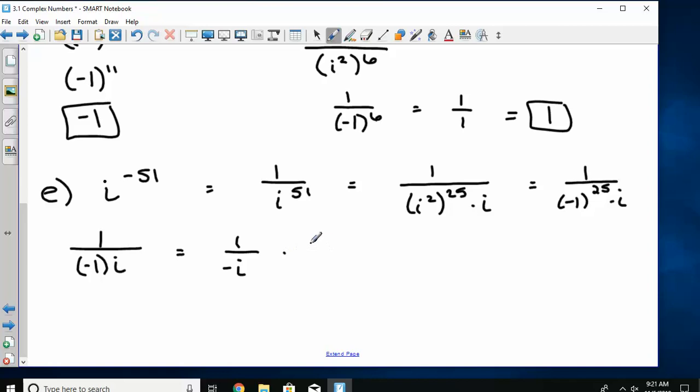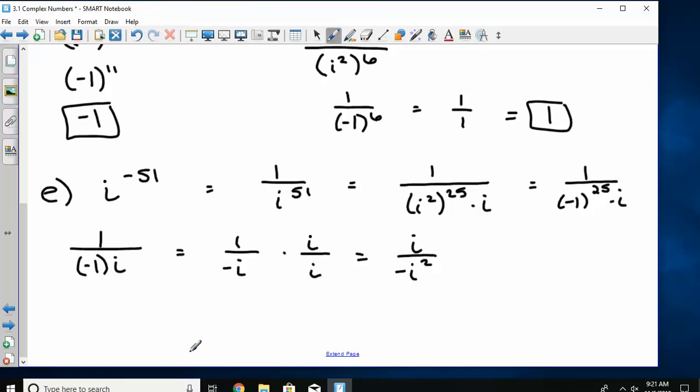This one kind of combines the other strategy. You can't leave the i on the bottom, so you have to take top and bottom times i. Because you had a negative 1 here, from the negative 1 to the 25th. Do you see that? When you did the negative 1 to the 25th power, since 25 is odd, that's still a negative 1.